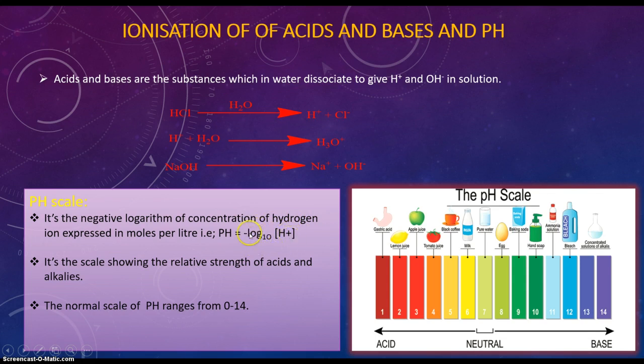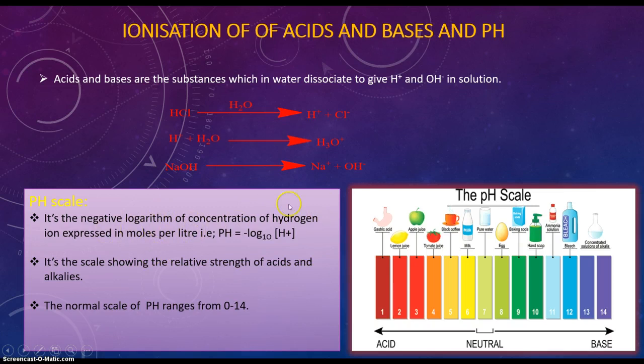So first of all, what is log? Log is a mathematical function just like x square, x cube. If I take a negative log of a value, which value? The value is the concentration of proton or concentration of H plus that is expressed in moles per liter.